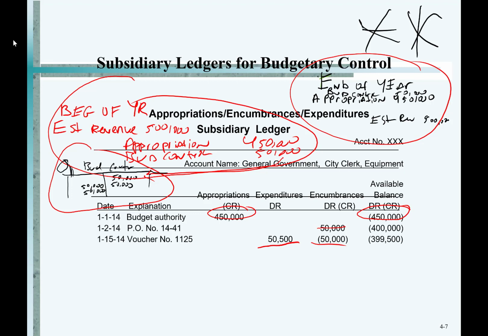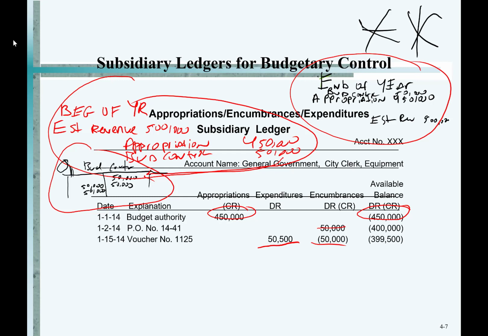Question? Okay, good. So what's the journal entry when you order goods? Debit the encumbrance, credit the budgetary control, right? When the stuff comes in, you do what? Reverse that for whatever you had set it up for.